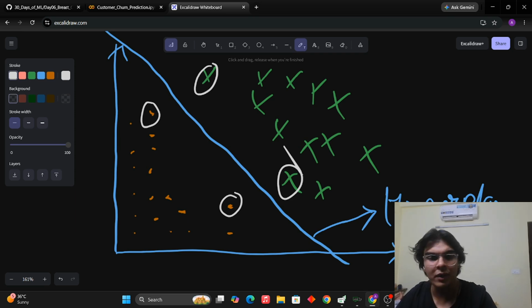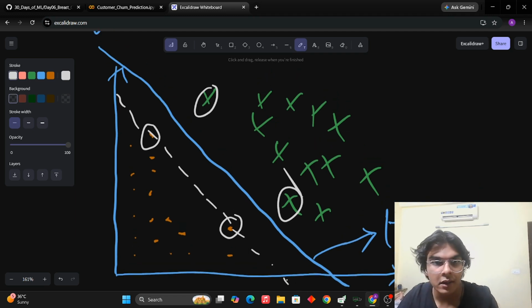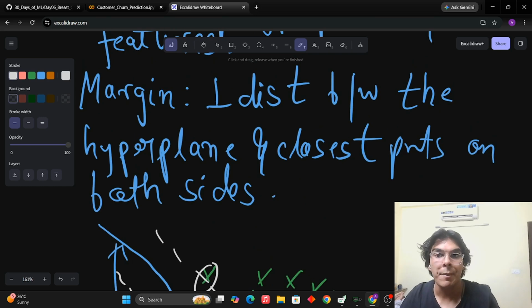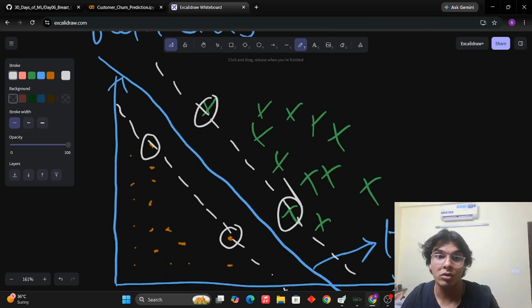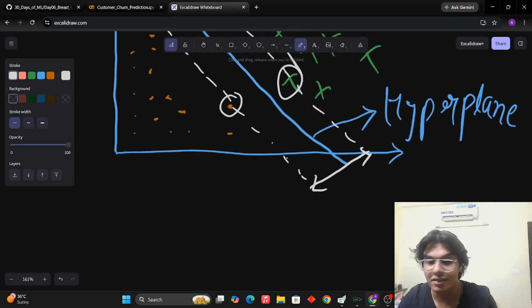Simple, they are the nearest ones to the hyperplane. So, let's draw a dotted imaginary line passing through them in order to visualize this well. I'll draw this straight line right here, and I'll draw another straight line right here. Now, going back to the definition again, perpendicular distance between the hyperplane and the closest points on both sides, which means this distance right here. This distance is called the margin.